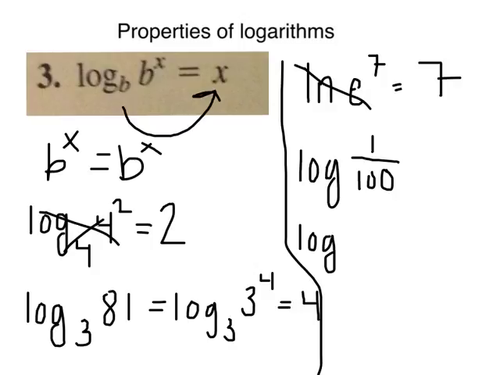And then 1/100 can be written as 10 to the negative 2 power, so that would be negative 2. So whenever your log has a base, and then whatever's in this position, the 10 here, they cancel out. So just remember that, and then you end up with whatever the power is.